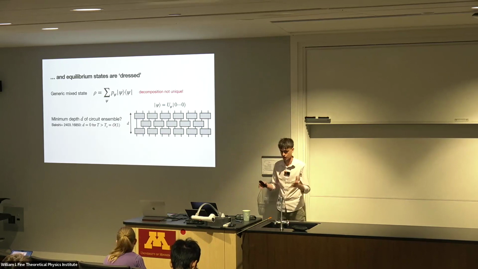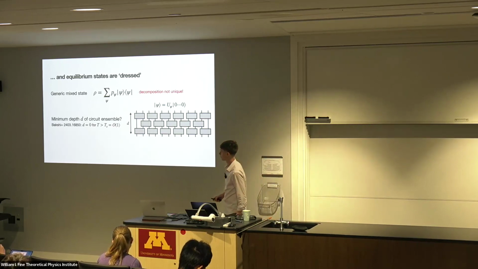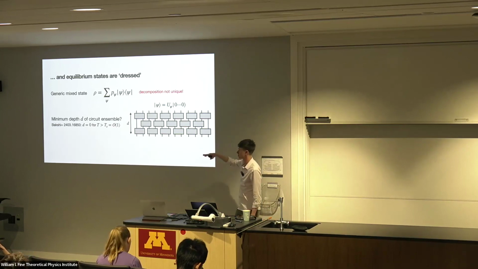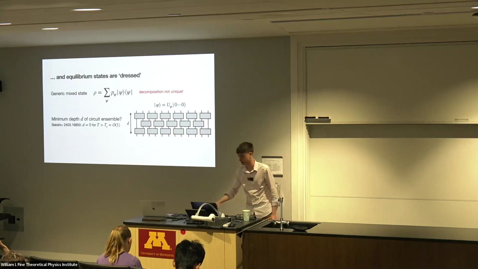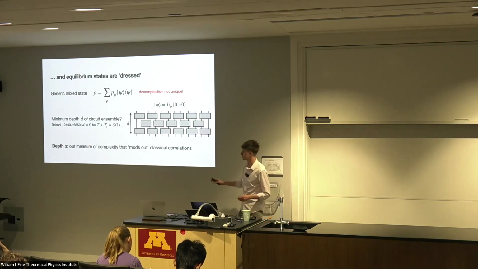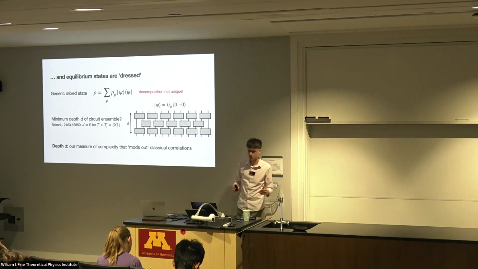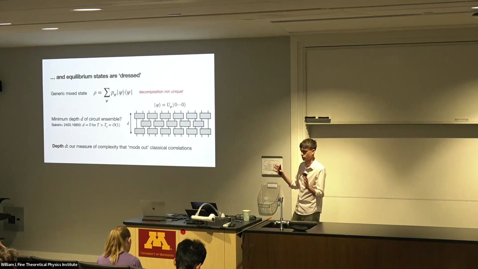vanishes at high temperatures, we now know, following this result I mentioned earlier from the computer science community. What we'll see is that as you pass below some order 1 temperature, this circuit depth starts to increase and in general becomes some function of beta. What I want to highlight is that this depth is a measure of the complexity of the thermal state that mods out all of the classical correlations.